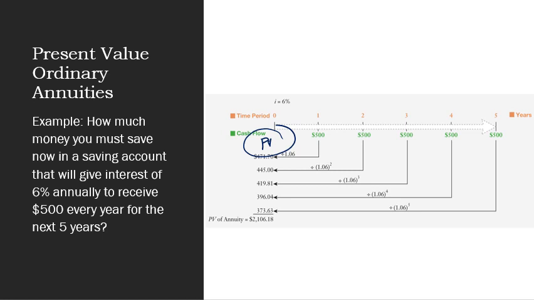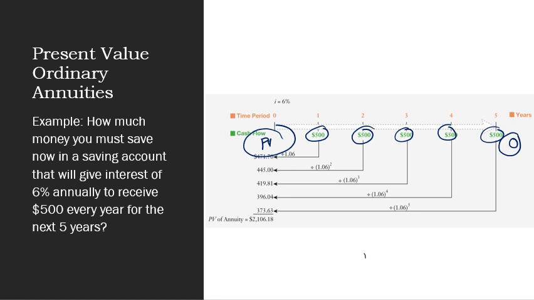It means what is the amount of money here that will disburse 500 each year for 5 years. After year 5, this amount of money will become 0, fully disbursed.